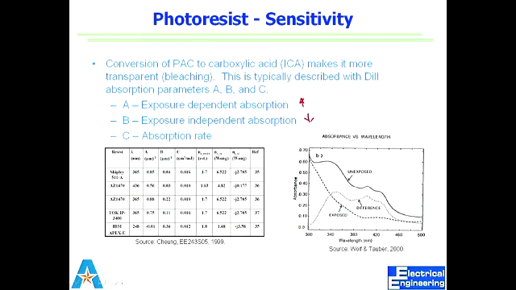So now there is what we call A and B, and C is what you defined as the absorption rate. So you have absorbance for exposed, you have absorption which doesn't cause any exposure, right, which is just loss of energy. So that difference is what will tell you, okay, where do you probably want to do your exposure, right?